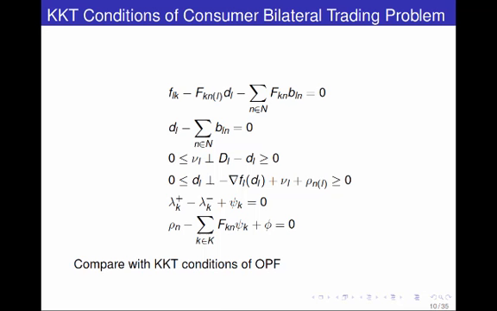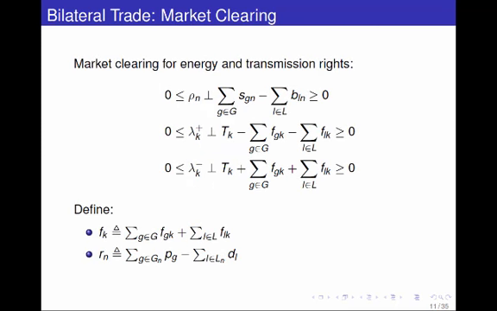We also have a KKT condition for the prices for the transmission rights, which looks like this. This is the price for transmission rights. This is the supply of transmission rights. These are how many rights are out there, the quantity that is available, and how much people are asking for them is these two terms here.